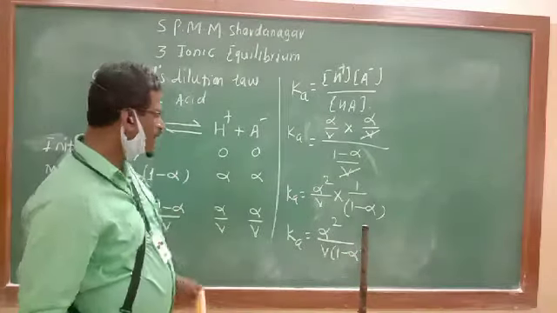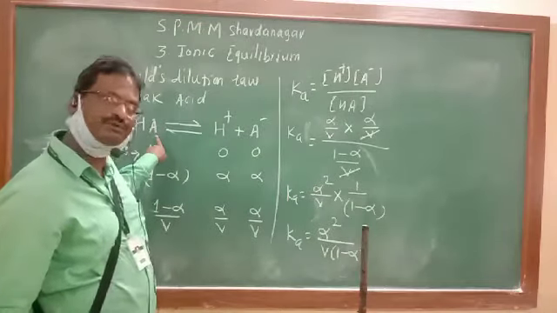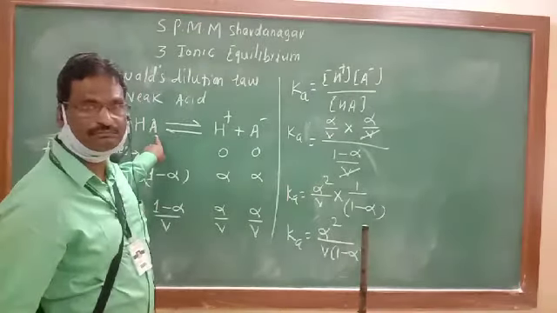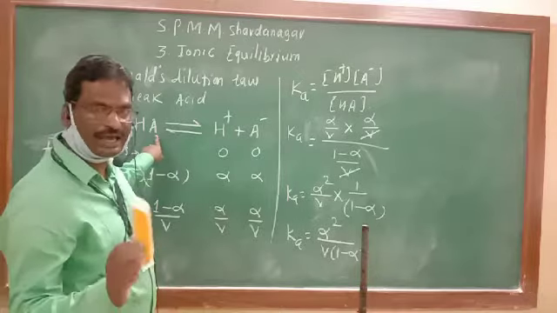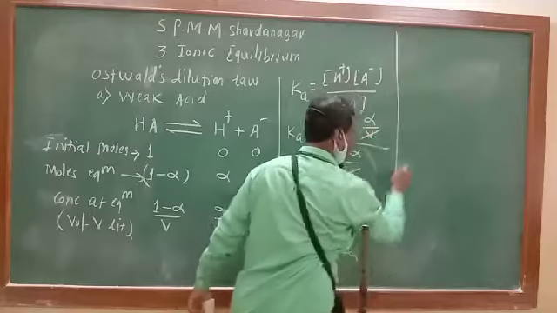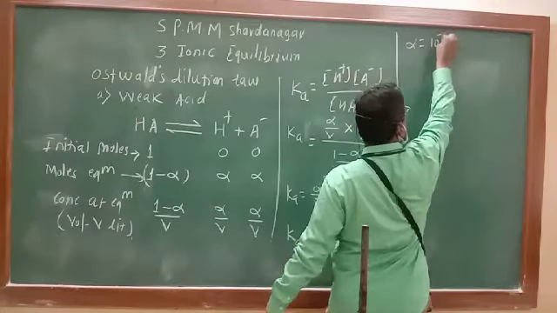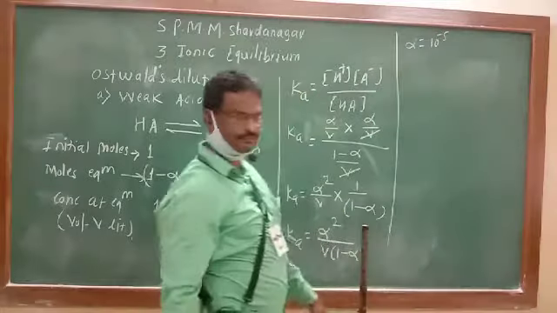Now, if the acid is a very weak acid, at that time alpha is very small. Alpha is in the order of 10 raised to minus 5.